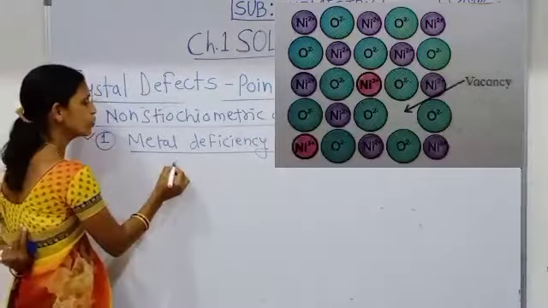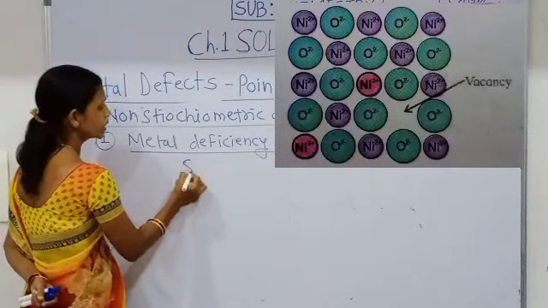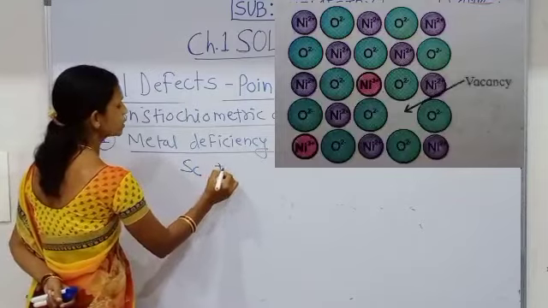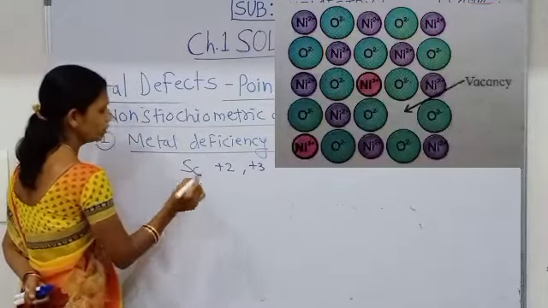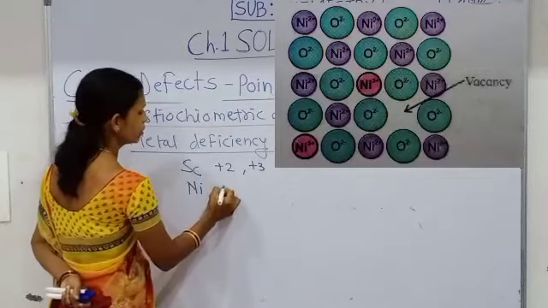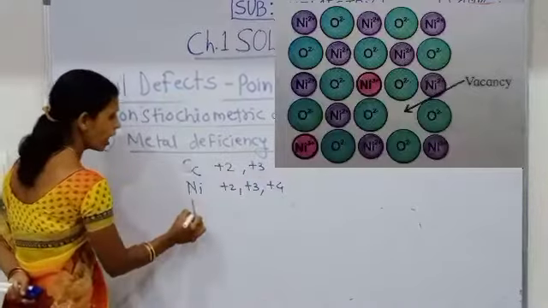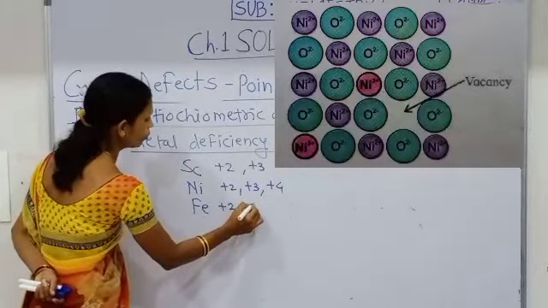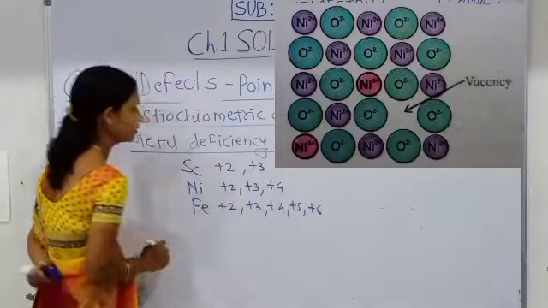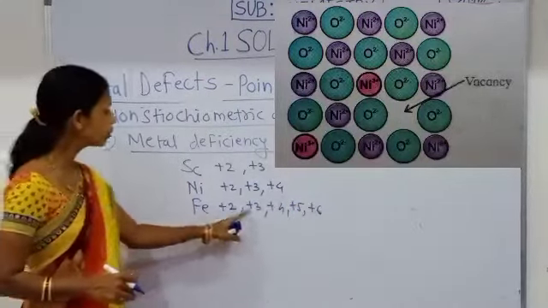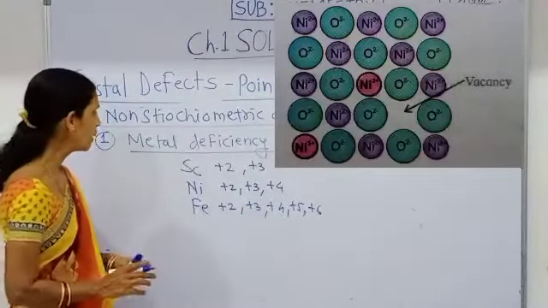Scandium shows +2 and +3 oxidation states, nickel shows +2, +3, +4, iron shows +2, +3, +4, +5, +6. Those are the variable oxidation states shown by d-block elements, that is transition metals.